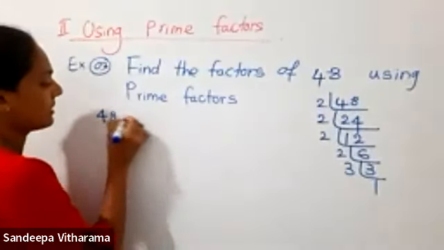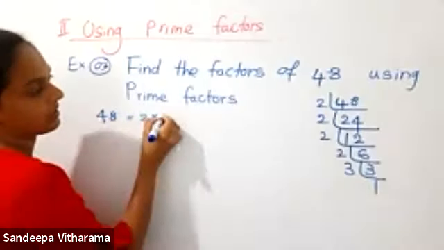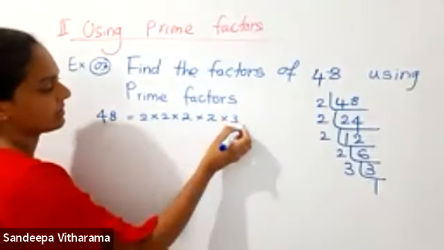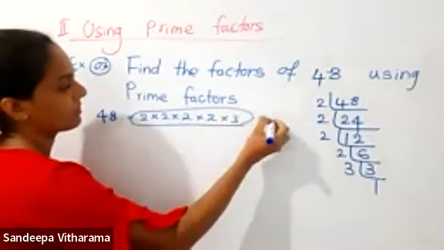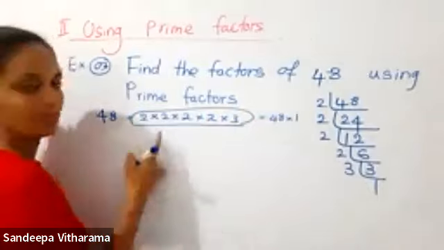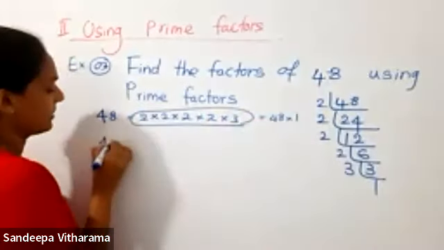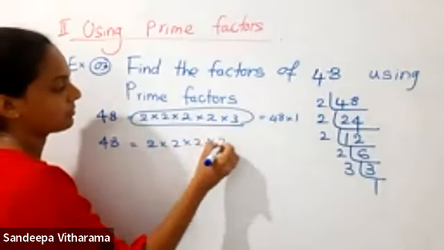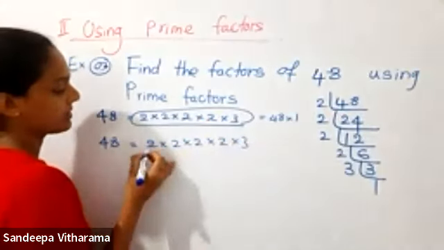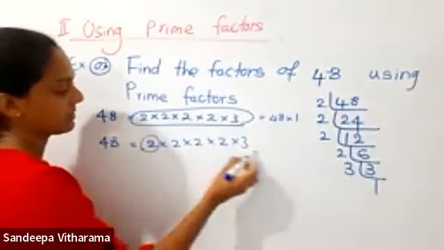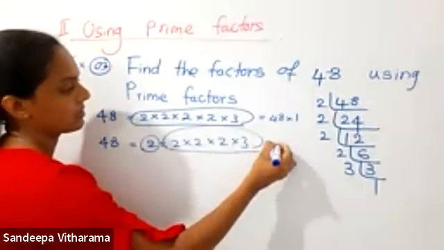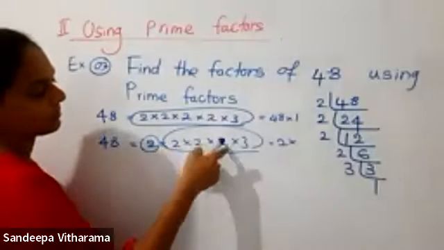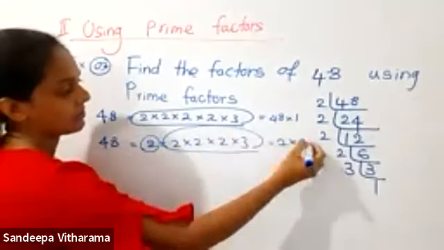Okay, 48 can be written as there are four 2's. Then it can be written like this: 48 into 1. Then 48 is equal to 2 into 2 into 2 into 2 into 3. Consider the first 2 and the last digits: 2 into 2 into 2, 4, 4 into 2, 8, 8 into 3 is 24.